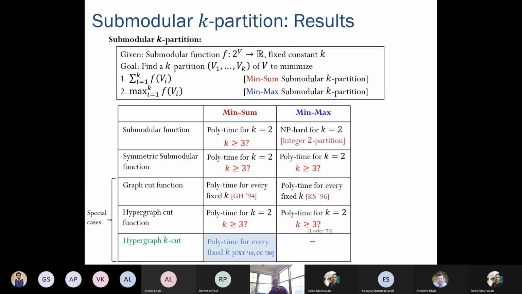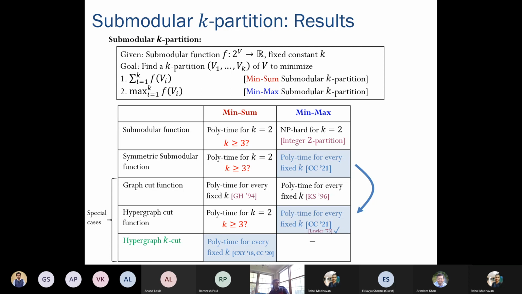Subsequently, we gave a deterministic polynomial time algorithm for hypergraph KCut, which inspired us to see a polynomial time algorithm for min-max symmetric submodular K partition. We were able to bring that into polytime, which immediately implies a polytime algorithm for min-max hypergraph K partition, thus resolving the open question posed by Lawler.